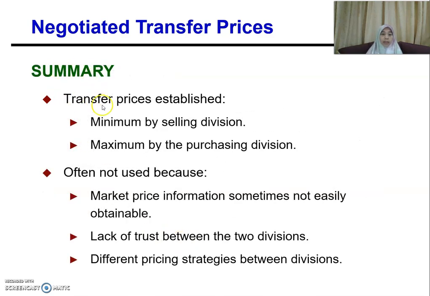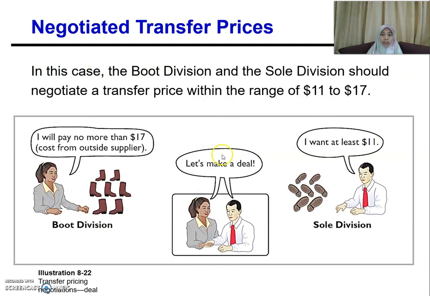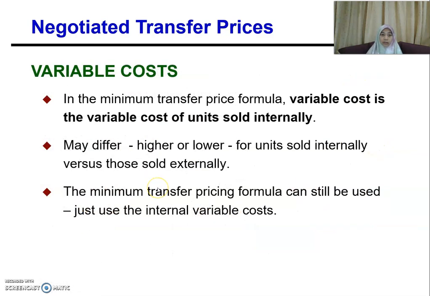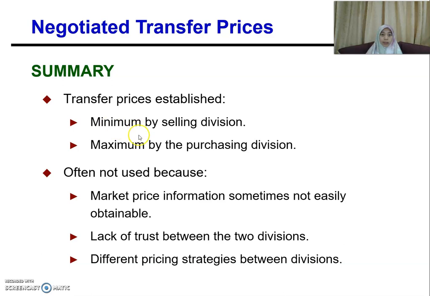As a summary, transfer prices establish a minimum by the selling division and a maximum by the purchasing division. We have seen just now, you make a range, where the minimum is 11 and the maximum is 17. Often it is not used because market price information is sometimes not easily obtained.